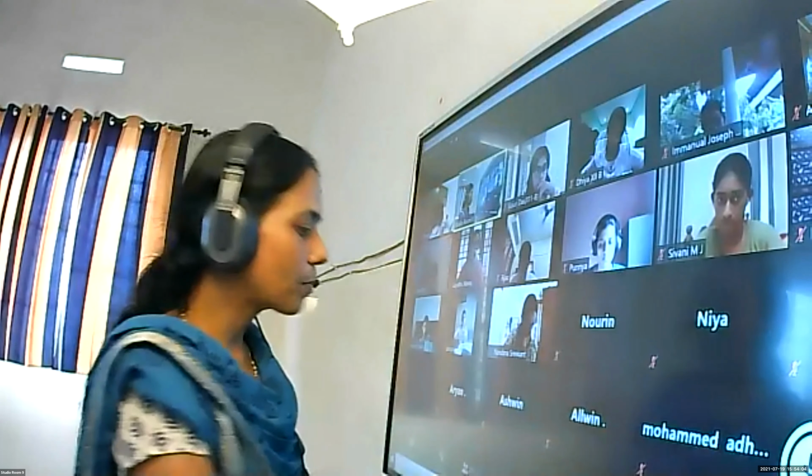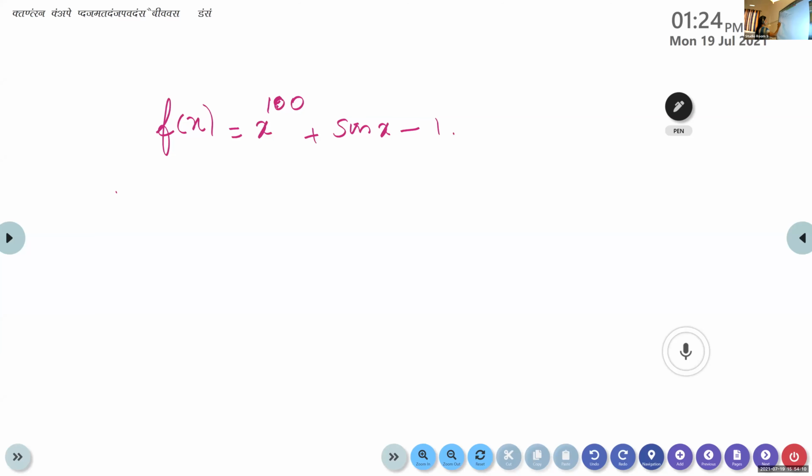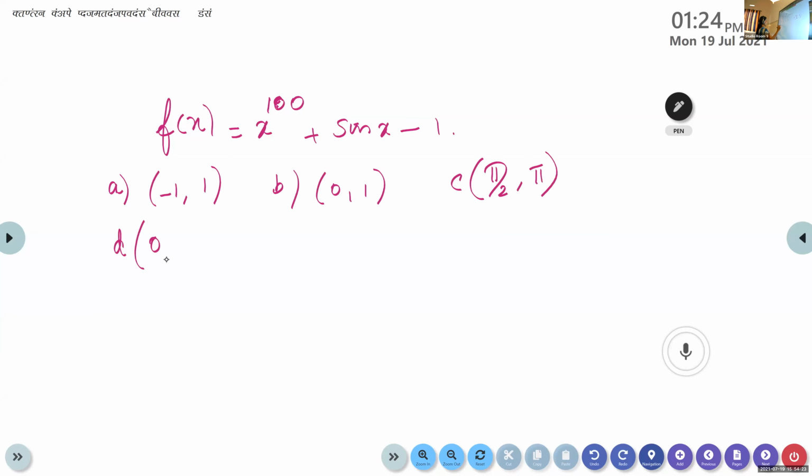Here the 4 options are given, isn't it? In this question, the 4 options are: A is minus 1, 1, B is 0, 1, C is the interval pi by 2 to pi, and D is the interval 0, pi by 2. What you can do is find f dash of x.